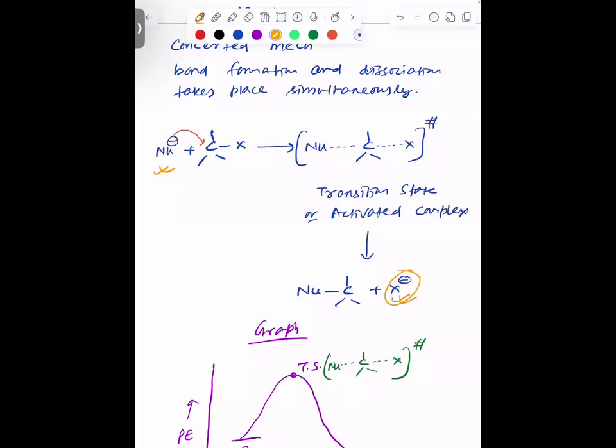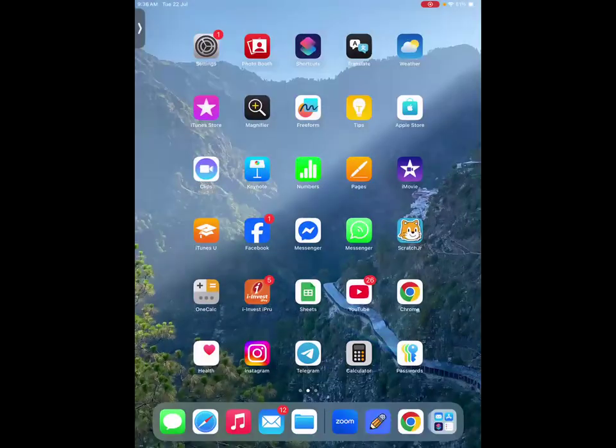Once the product is formed, the leaving group has to be separated from the carbon center, from the compound. So we have to separate the leaving group easily. Write the reaction. Understood? Okay students, write down reversible nature.